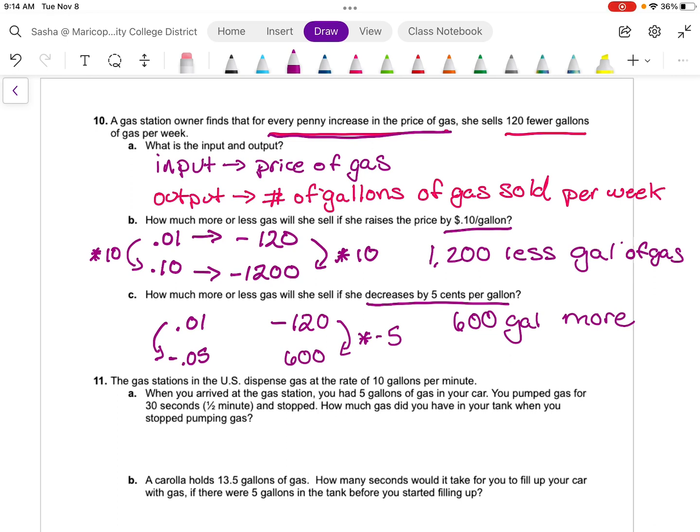So this problem is really focused on this idea of an average rate of change and how it impacts the numbers. So I'm just going to make a note to the side, average rates of change.